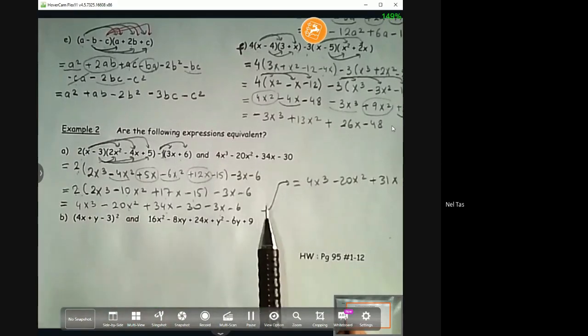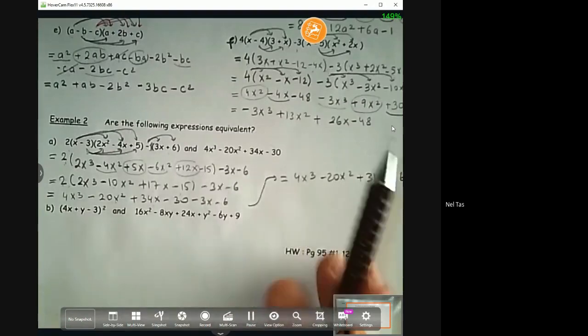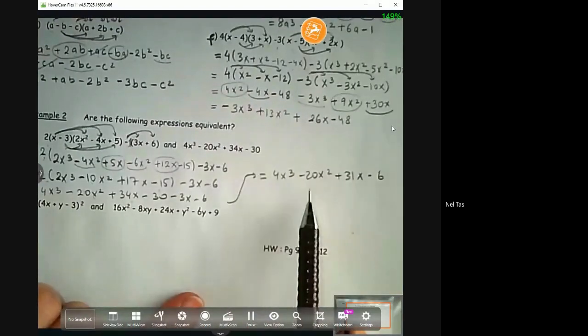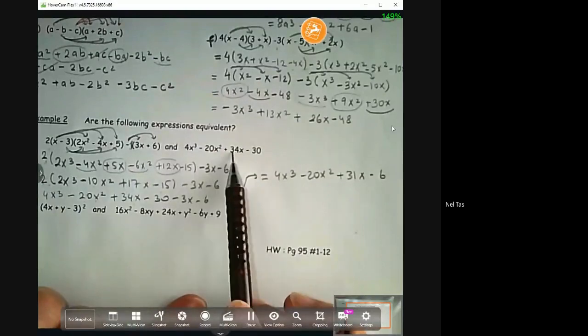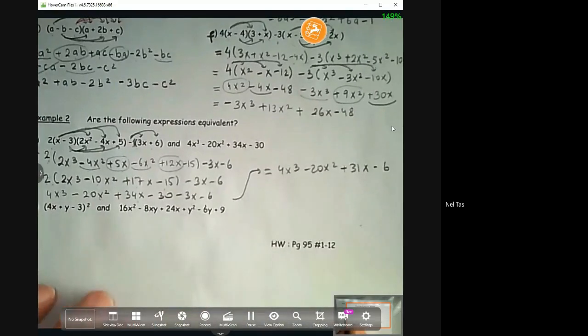Okay, so as you see, these two now compare, right, this with that. So they are not the same, right? So two terms are the same, but the last two terms are not the same. They are not equivalent.